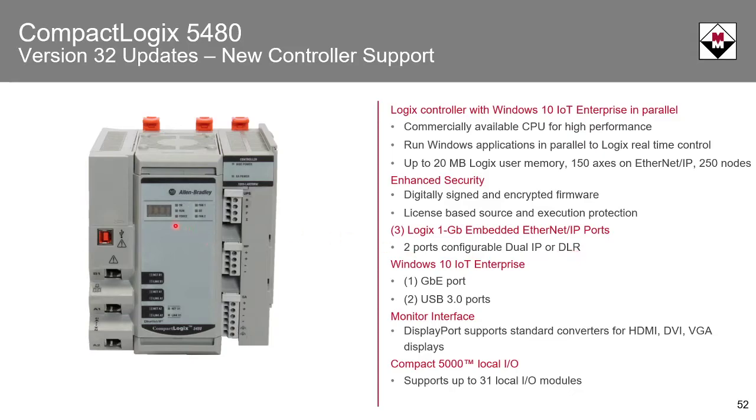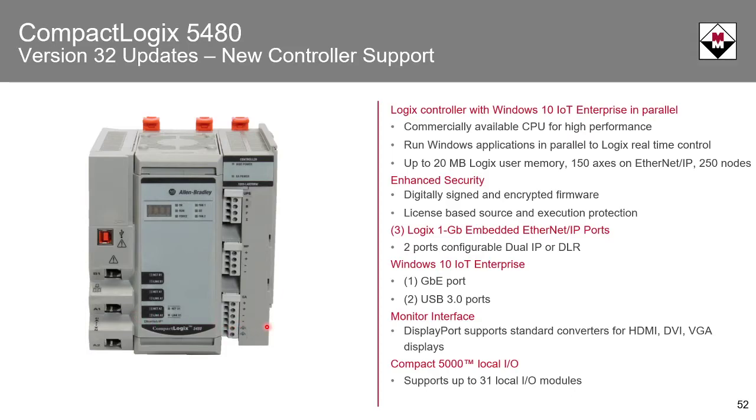So a couple things to note if you look at the processor. The Logix side has 3 gigabit embedded EtherNet/IP ports, and 2 of these ports can be configured for dual IP or DLR.